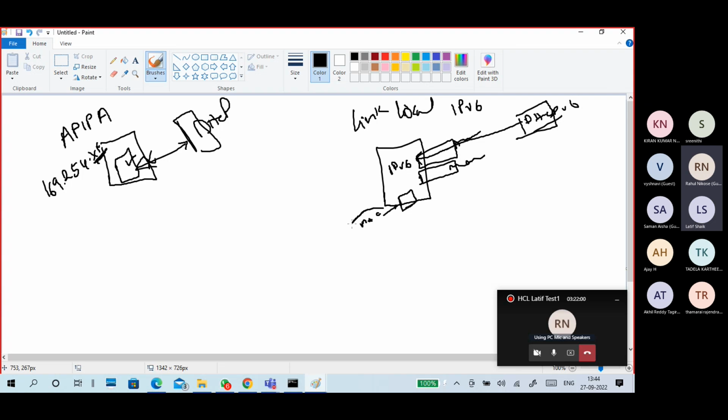With the help of the MAC address, our PC creates, for this adapter, only one adapter, an additional link local IP address.